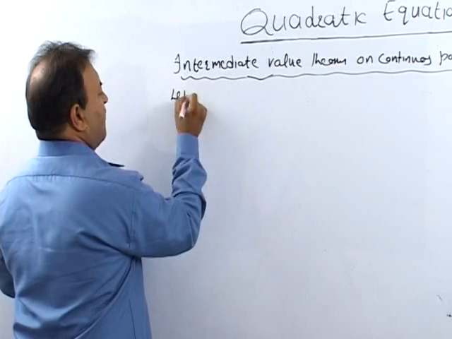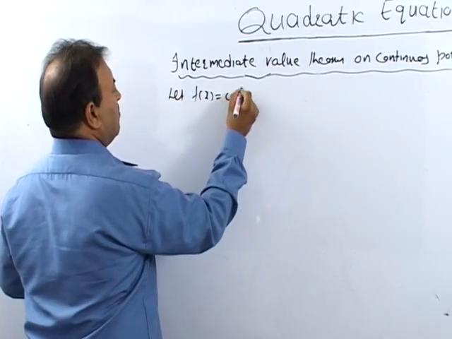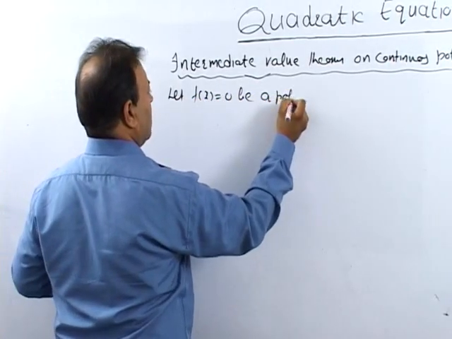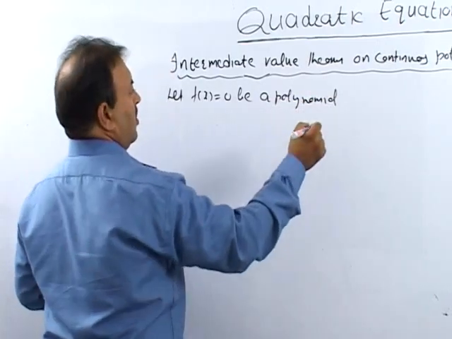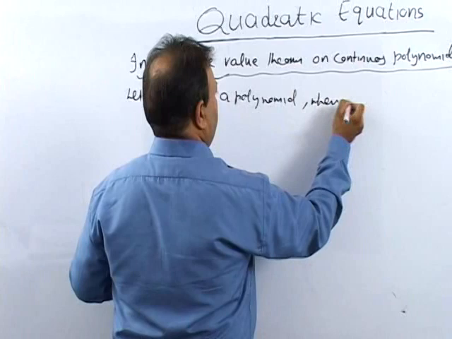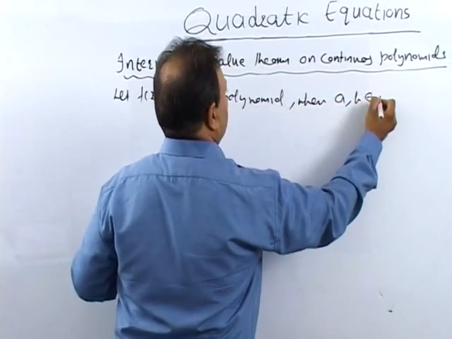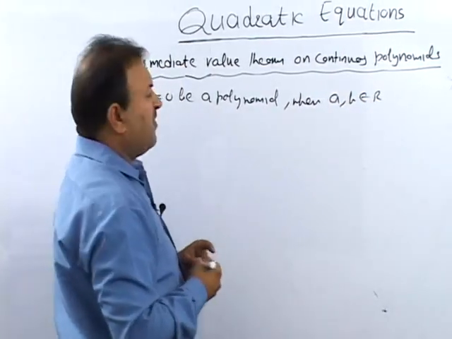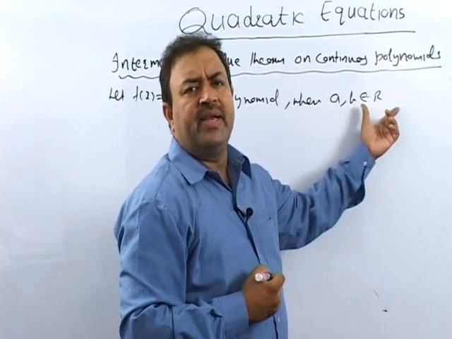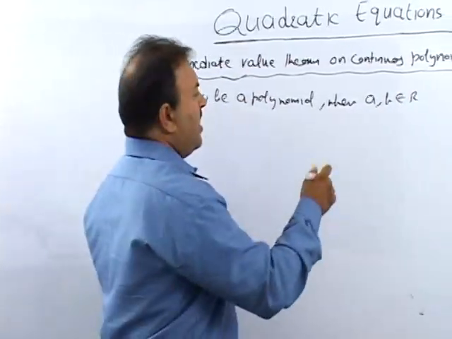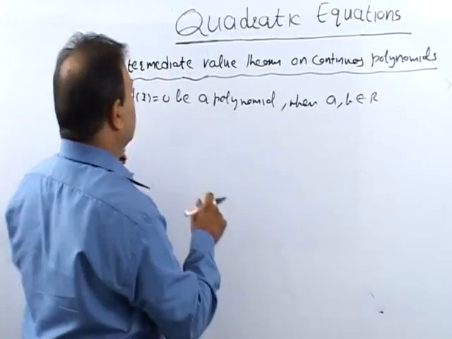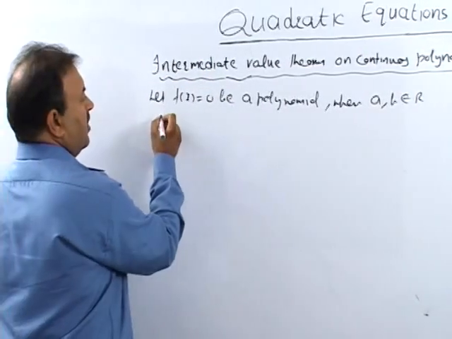Let f(x) = 0 be a polynomial where a and b belong to real numbers. Same way, I have taken a and b as any two real numbers, and clearly a, b are not the roots of this equation f(x) = 0.